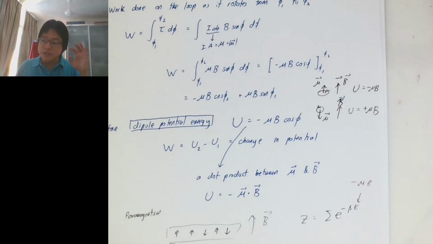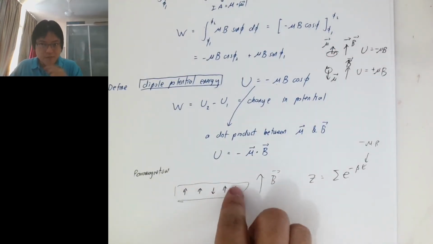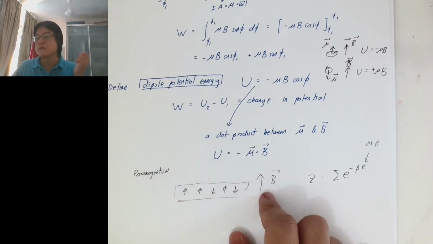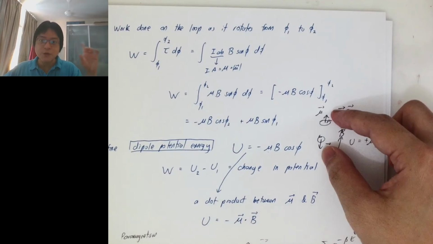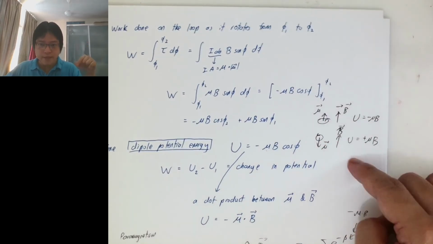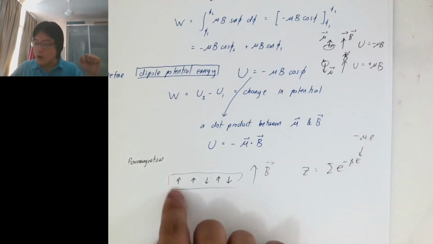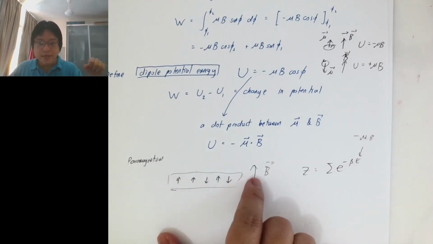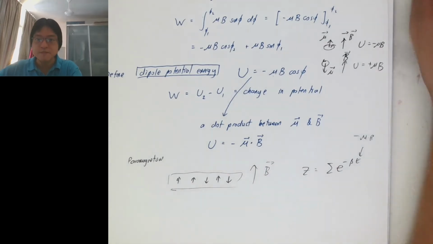So the connection to statistical mechanics is that you consider many loops, many atoms inside a material. And in quantum mechanics, it is quantized. It's either pointing this way or pointing that way. Then you can actually calculate the energy. So if all the spins are pointing along the same direction, it will be the minimized potential energy of the system.